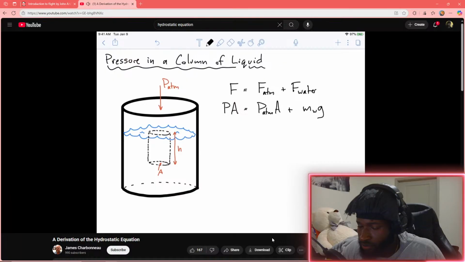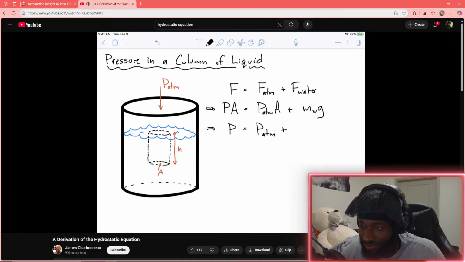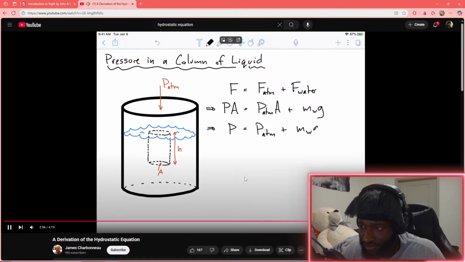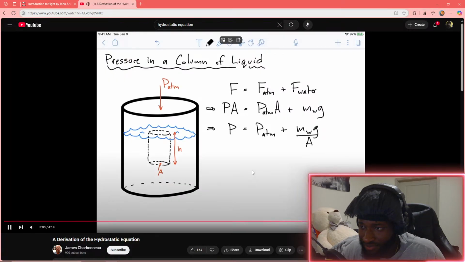I'm going to divide everything by A here. Okay, so if I divide everything by A, I get the pressure at the bottom is equal to atmospheric pressure plus the mass of the water times G divided by A. And we can go just a little further here.